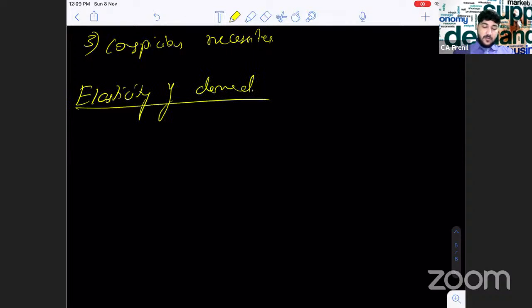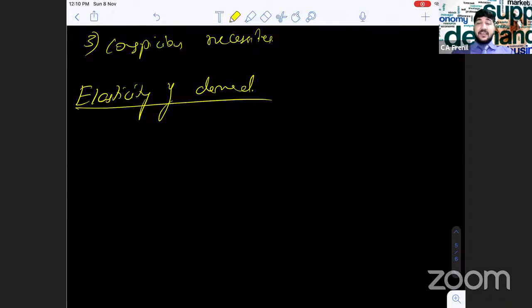Next, let us directly go into the elephant in the room. Let us address the elephant in the room. What is it? The elasticity of demand. Elasticity of demand means what? What do you mean by elasticity? Elasticity of demand is defined as the responsiveness of the quantity demanded of a good to the changes in one of the variables on which demand depends.